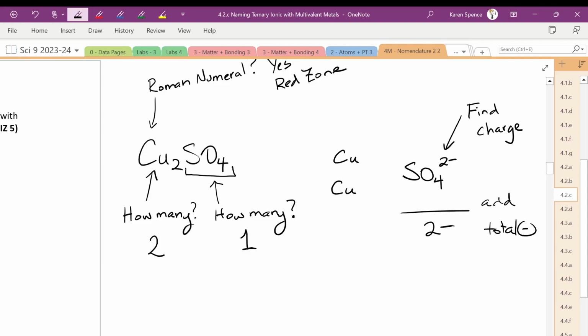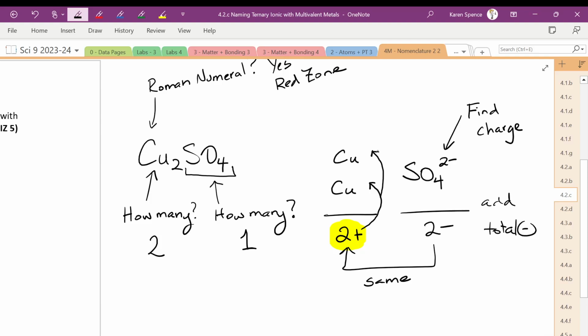Once you know the negative, what do you find? The positive. What can you say about these two? They will be the same. So this is going to be 2 positive. And the one thing that is different about this example than the previous examples is we have more than one metal ion. So what do we have to do with this 2 positive charge? It has to be split up so that the copper plus the copper will give 2 plus.